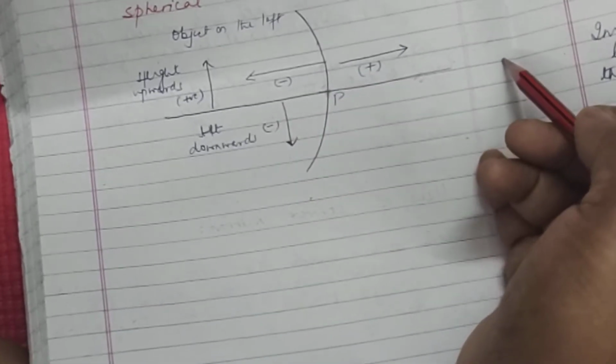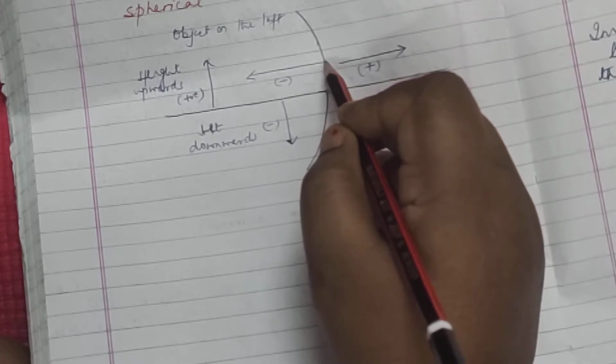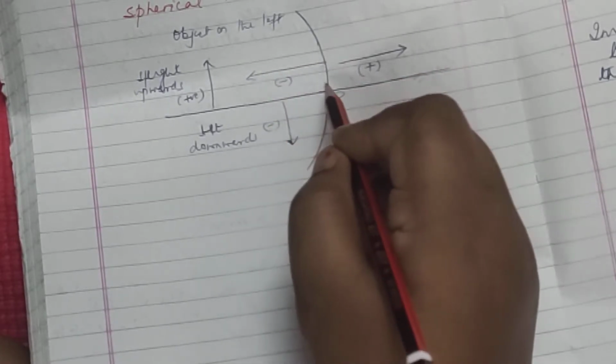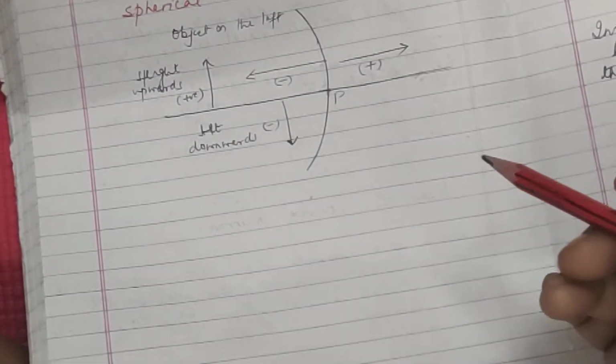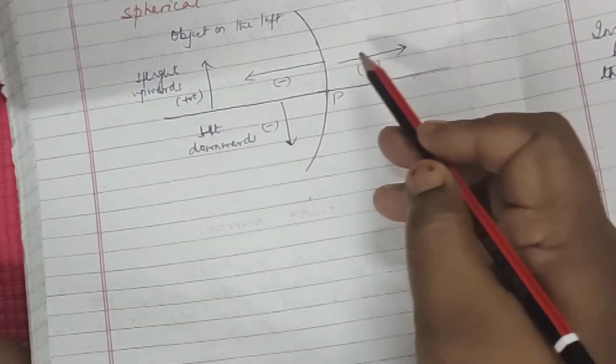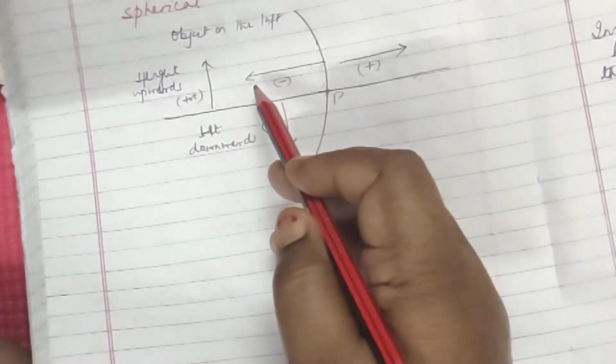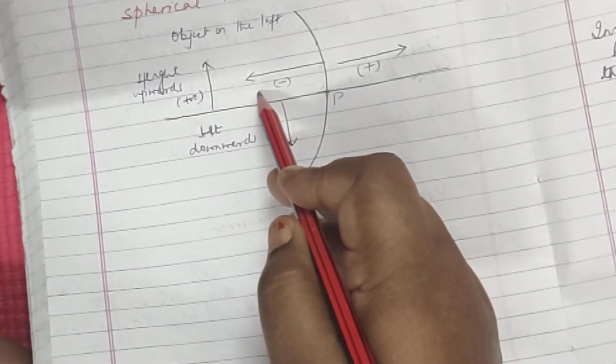Just as you have studied in class 9 coordinate geometry, towards the left of the origin we always take as negative, towards the right positive, above the x-axis positive, below the x-axis negative. That is what we always do. Same thing here we will do: all distances measured towards the right of the pole will be taken as positive, towards the left will be taken as negative.